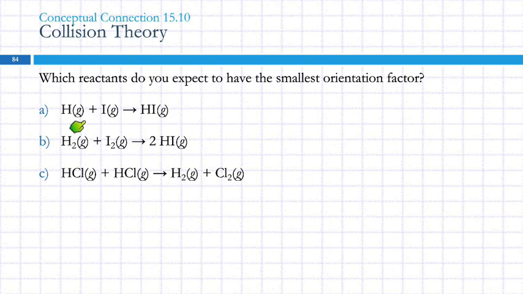Well, this is between two atoms, so that's going to have a large orientation factor. Looking at these two, these are both diatomic molecules. Here we have two hydrogens, and two iodines.